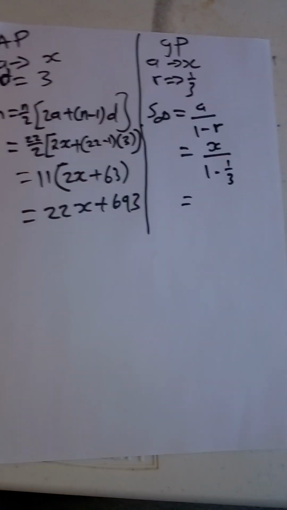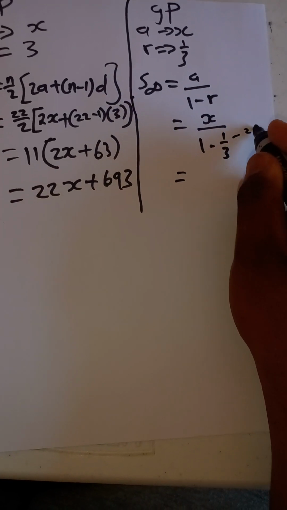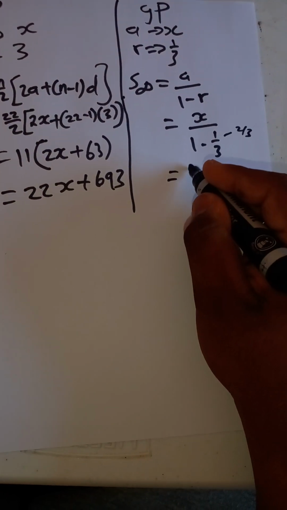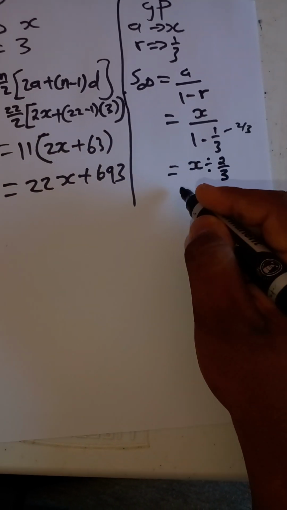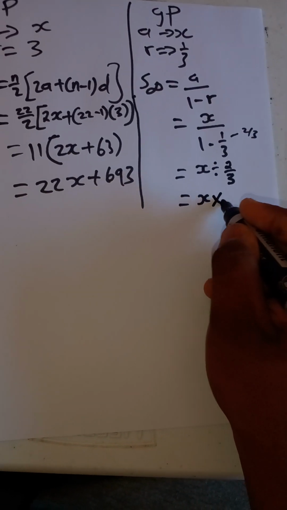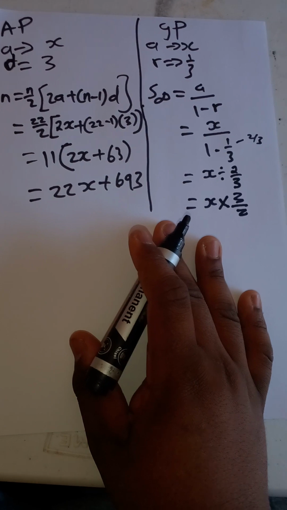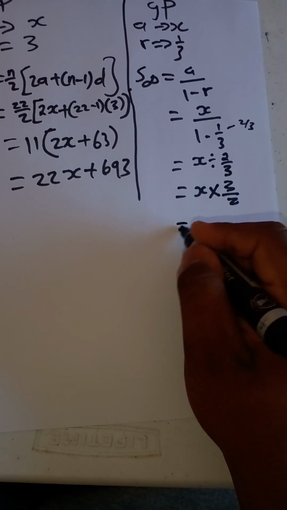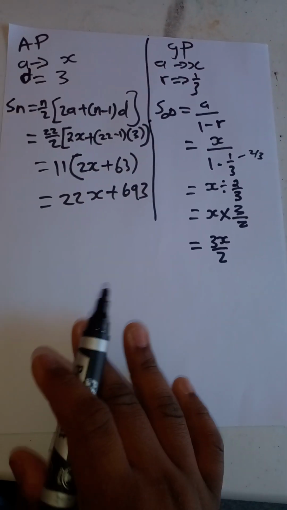Now we are gonna continue. 1 minus 1 over 3 is the same as 2 over 3. So this one will be the same as x divided by 2 over 3. But when I do my maths, it can be x times 3 over 2. You reciprocate and then you write a multiplication sign, which will then be 3x over 2. This is the sum to infinity, right?